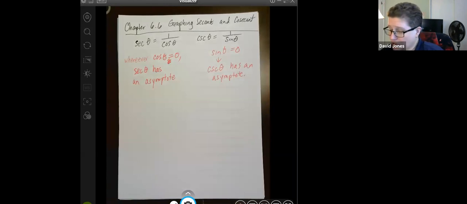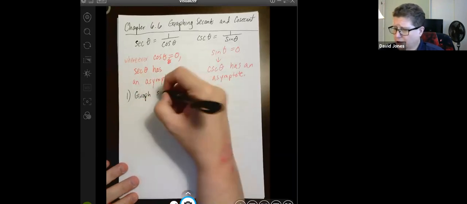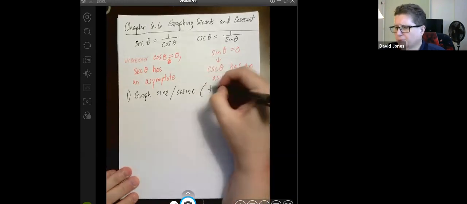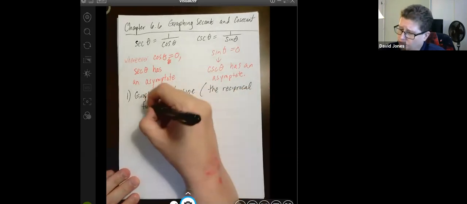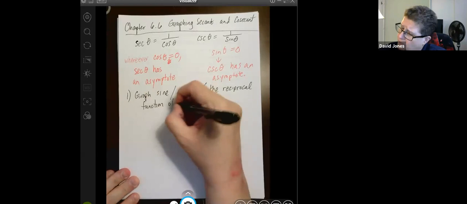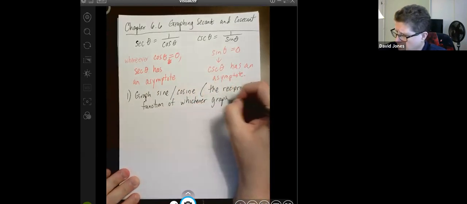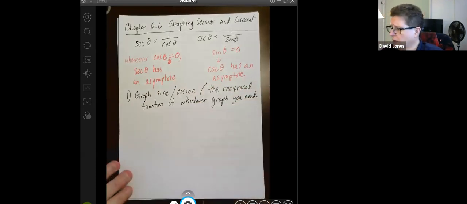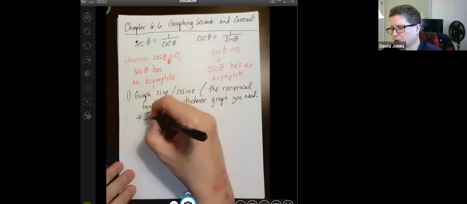So the easiest way to actually go about doing this is to graph sine or cosine, depending on the reciprocal function of whichever one you're working with. This includes the horizontal shifts.